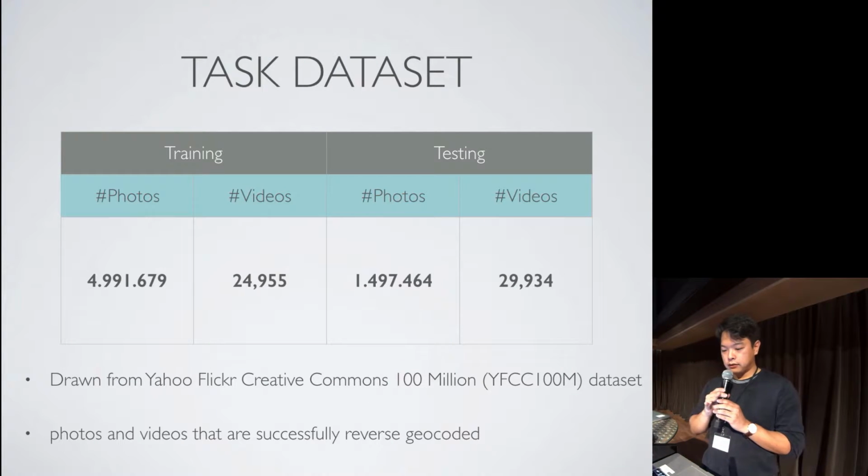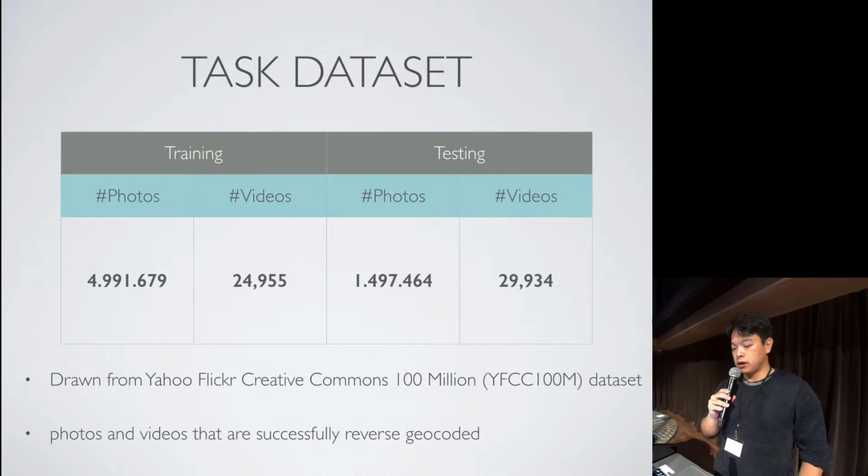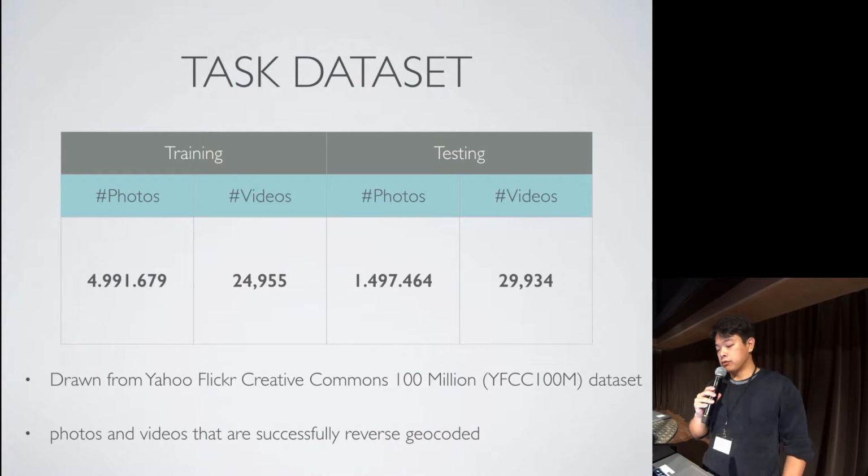This year's data set had a bit of added items, but essentially it remains almost similar to previous years. They are drawn from YFCC100M, and we only include the photos and videos that were successfully reverse geocoded. This is to ensure that every photo will have a matching node in the place hierarchy.